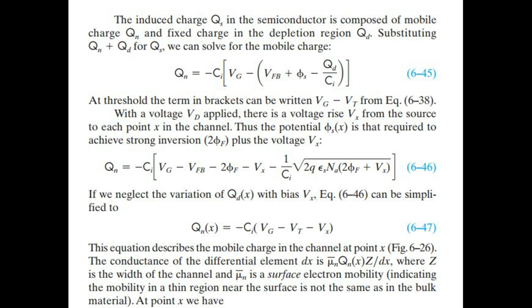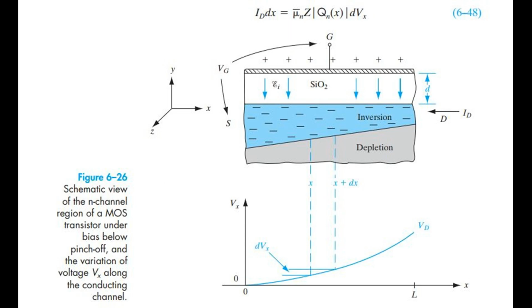The conductance of the differential element dx is μn Qn(x) z dx, where z is the width of the channel and μn is a surface electron mobility, indicating that the mobility in a thin region near the surface is not the same as in the bulk material.